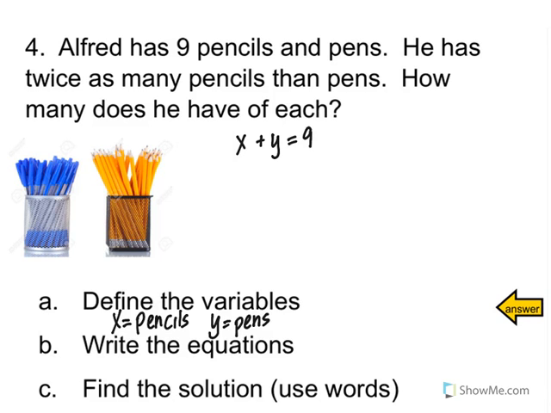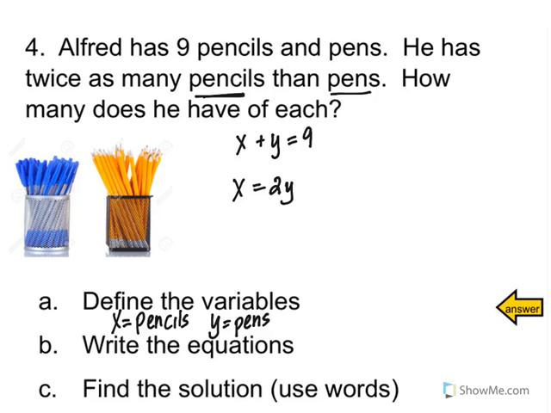Then it says he has twice as many pencils than pens. So the number of pencils that he has, x, is equal to twice the number of pens, y. So x equals 2y here.